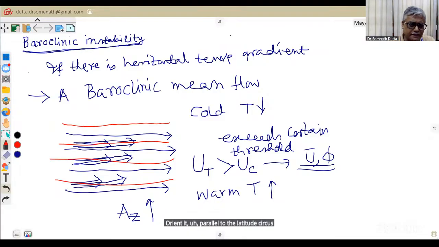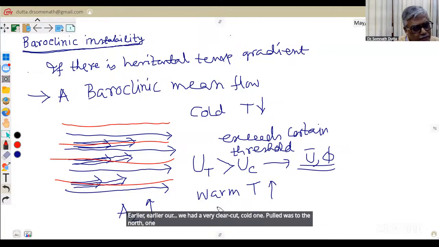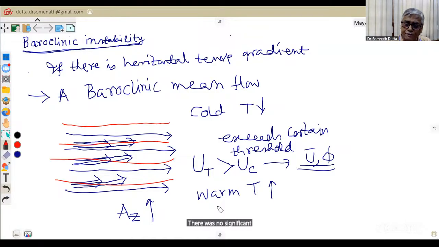As a result, earlier we had a very clear-cut situation: cold was to the north, warm was to the south. That means the temperature gradient was directed in the north-south direction. There was no significant temperature gradient in the east-west direction.